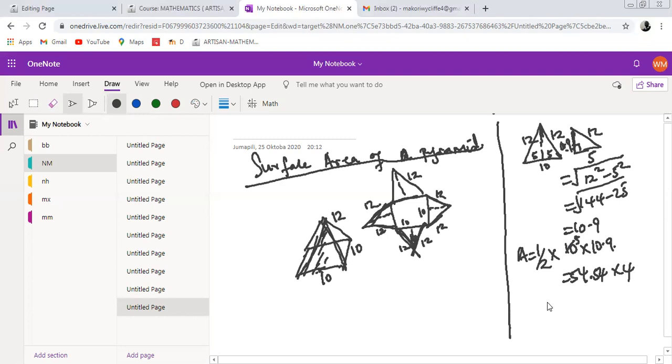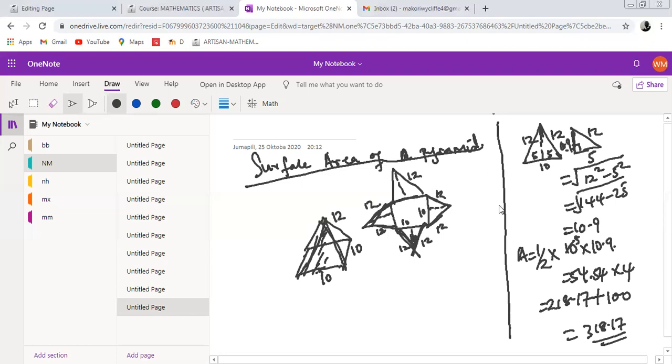You get 218.17, and to this 218.17 you add the area of the base, which is 10 by 10, which is 100, giving 318.17. And then you are able to get the total surface area. So the total surface area of a pyramid is the area of the base, in this case 10 by 10, giving us 100, plus the area of all the triangles.